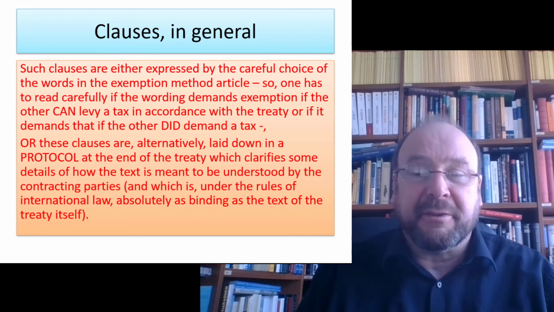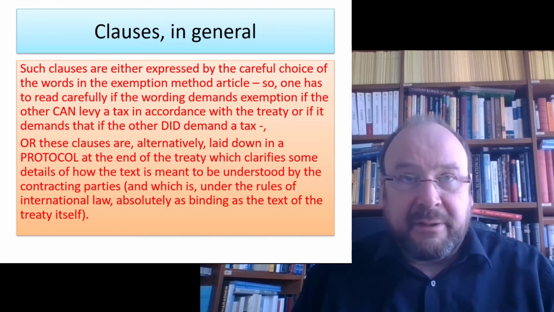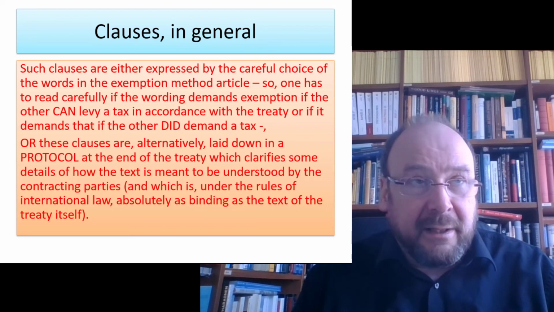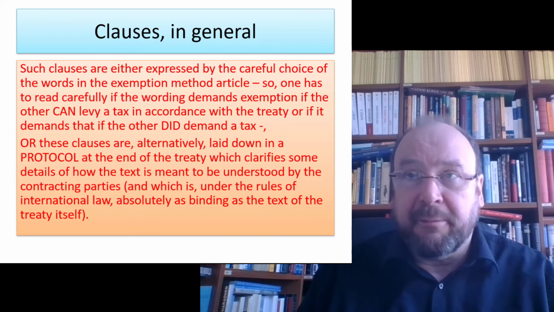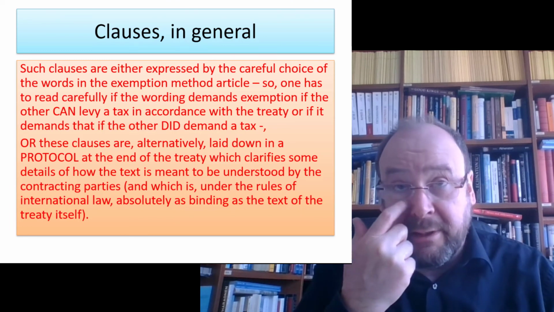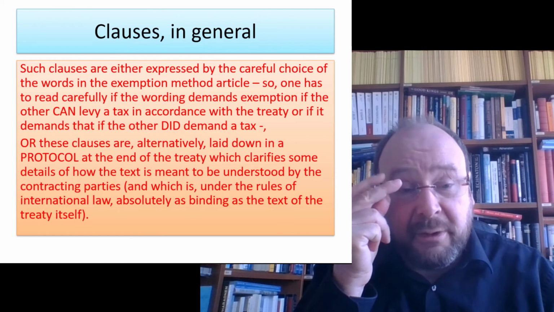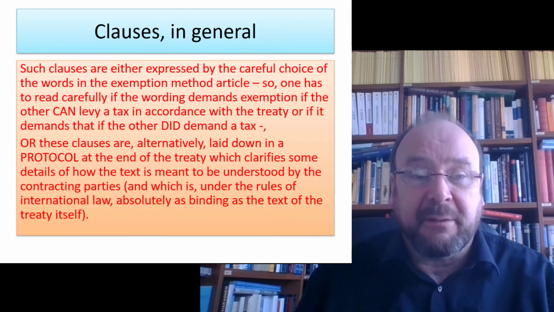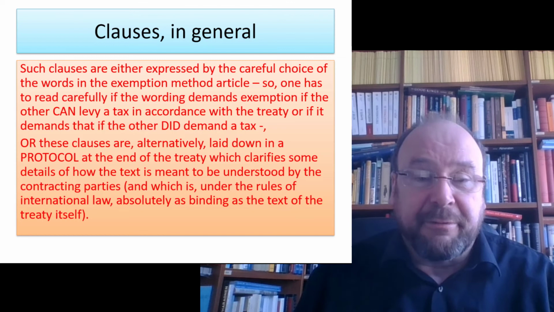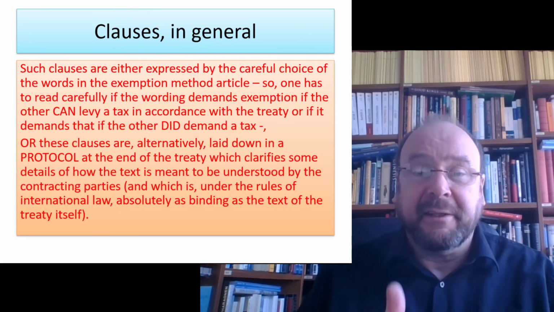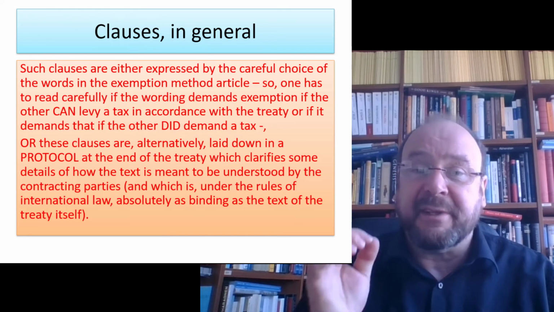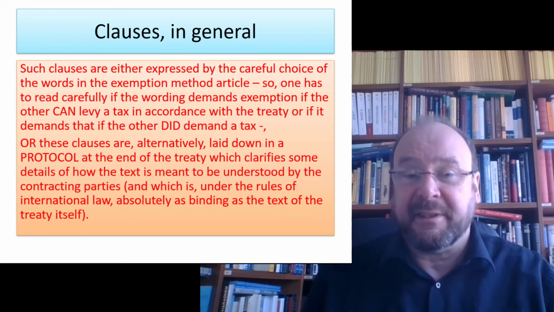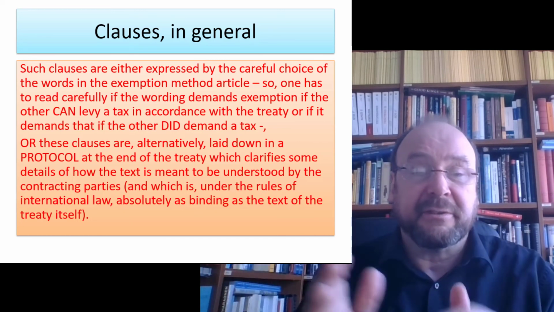So if such a protocol states the contracting parties have consent or confirm that they are both of the opinion that the exemption method for business profits only applies to the profits which come from active business from the following sectors: selling goods, manufacturing goods, rendering services, perhaps then even with a list without rendering services in the following sector, which are suspicious for tax saving models.